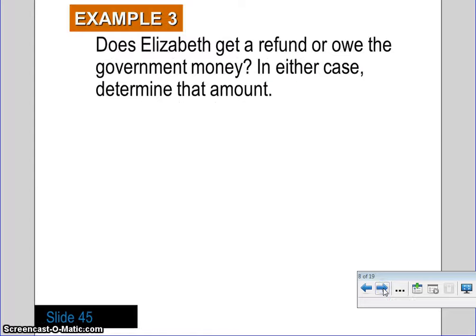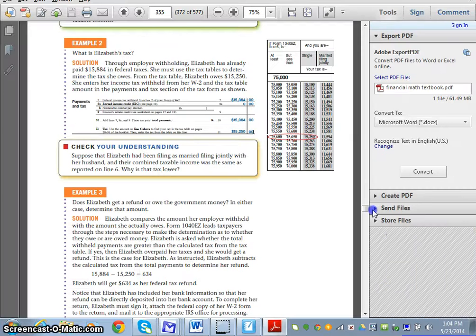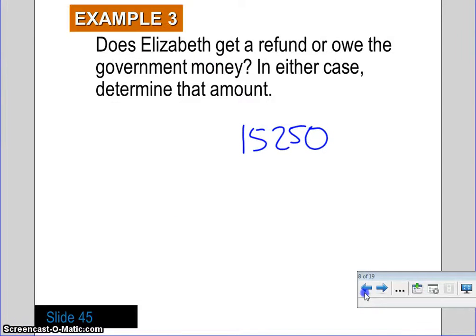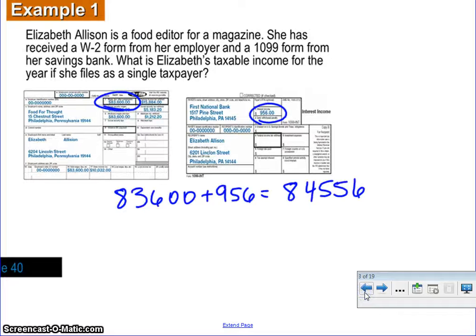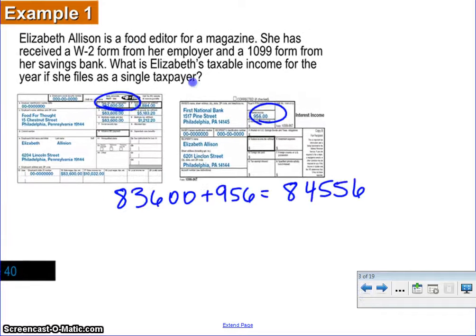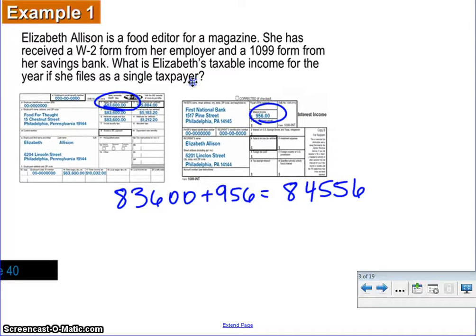Does Elizabeth get a refund, or does she owe the government money? In either case, determine the amount. Well, we know that $15,250 is what she should have paid. If we go back to the book, you'll see that Elizabeth paid $15,884 in taxes.